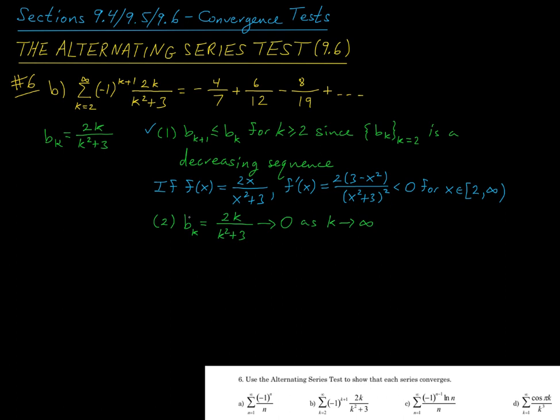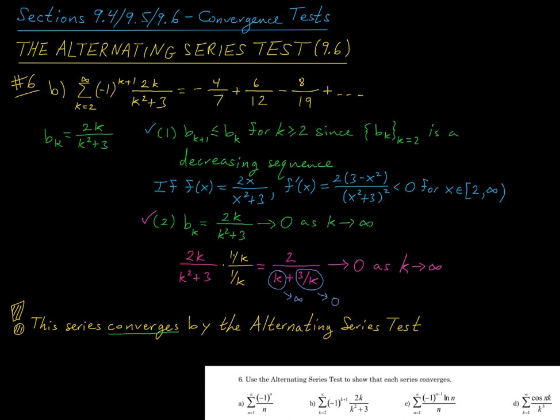Now the second condition, that b sub k approaches 0 as k approaches infinity, is also true. Loosely speaking, that's because the numerator is linear and the denominator is quadratic, and the quadratic is winning the race to infinity. To make that a bit more precise, I'll divide numerator and denominator by k.